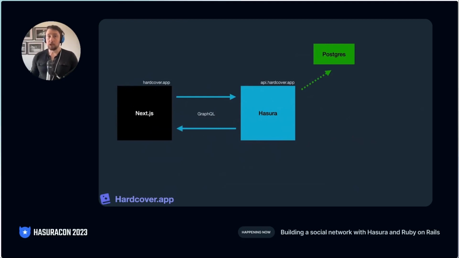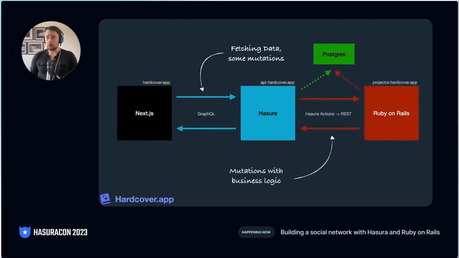And if you're not logged into the site, all of the things that you will see on the site go through this flow. It doesn't use Rails at all. It's only when you have a logged in user and you're performing some actions, that's when we need to do something more than just basic fetching and maybe some basic mutations.